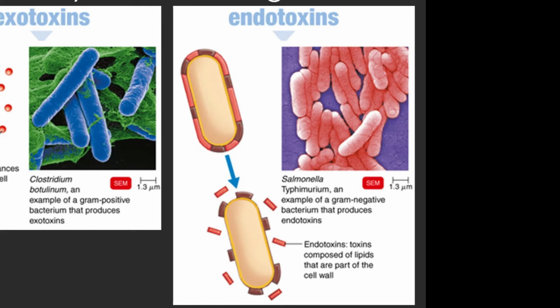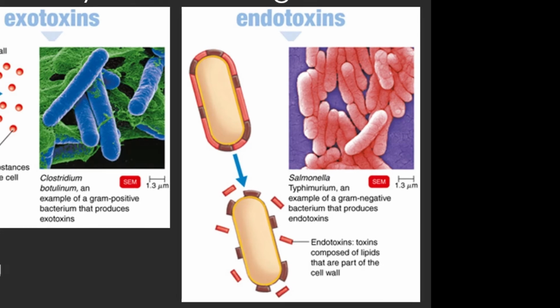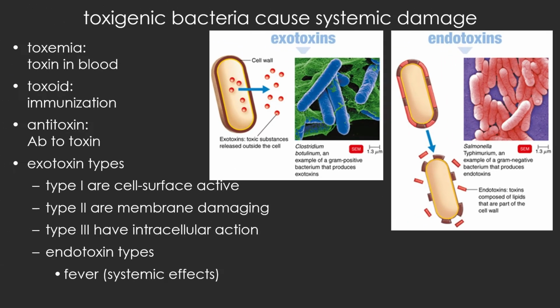So whereas exotoxins are genes that are transcribed and translated into these proteins which are excreted, and that's why they're called exotoxins, endotoxins are part of the bacterial cell, and they are released only when the cell ruptures as a result of its death.